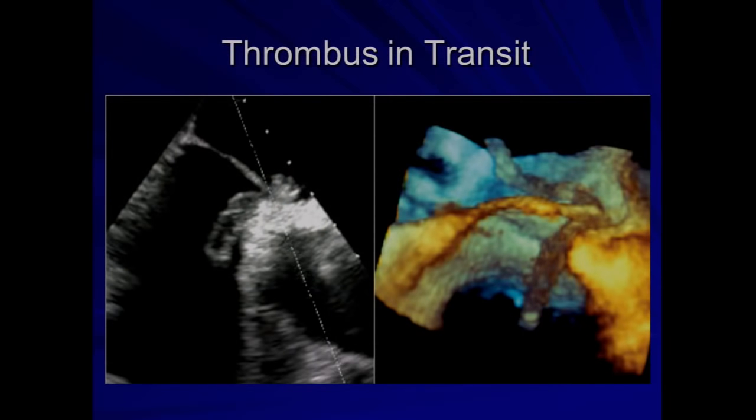This is just showing what we do all the time, looking for a PFO, and we found one. This is somebody who had a stroke and a pulmonary embolus at the same time. You can see a thrombus on this 2D and 3D imaging lodged in the PFO, half of it on the left atrial side, half on the right atrial side.